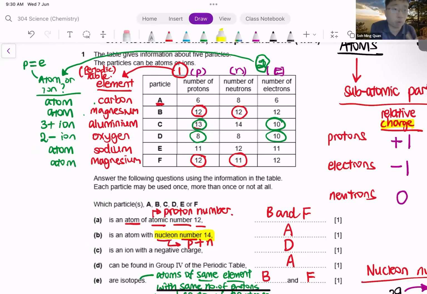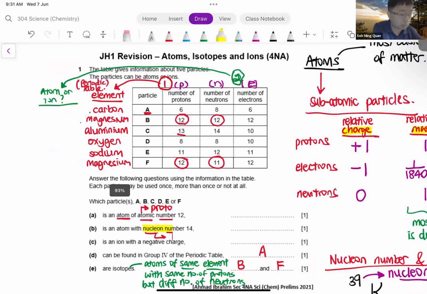So just now we wrote 2, 8, 8, 1. That's the electronic configuration of a potassium atom, right? And based on the electronic configuration, we can work out a few pieces of information, such as the group, the period, as well as whether it will form ions that are positive or whether it will form ions that are negative.